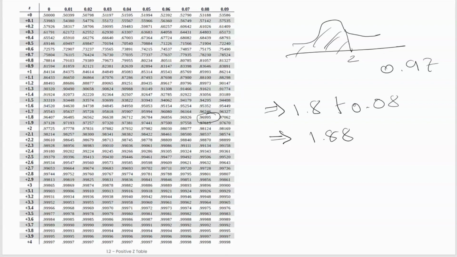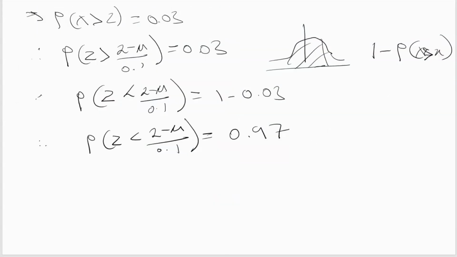So we can go back in here, and therefore our value, 2 minus mu over 0.1, is equal to 1.88. Now we can easily solve for mu, which is the mean.